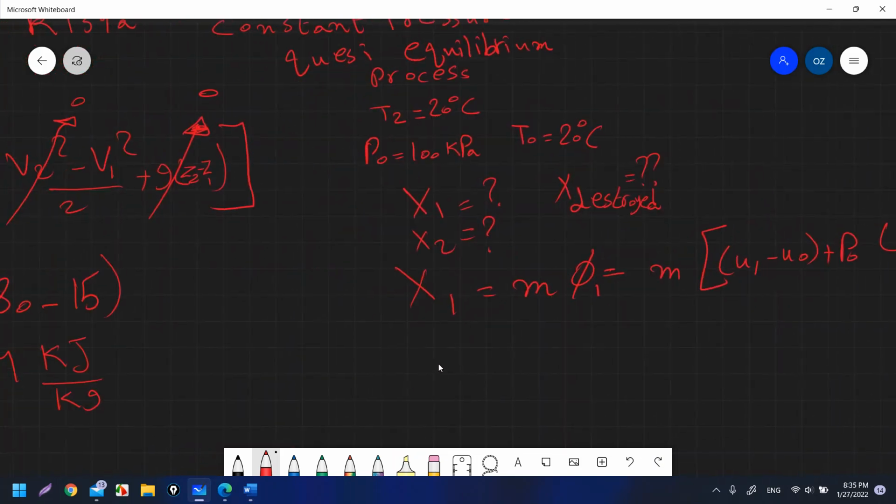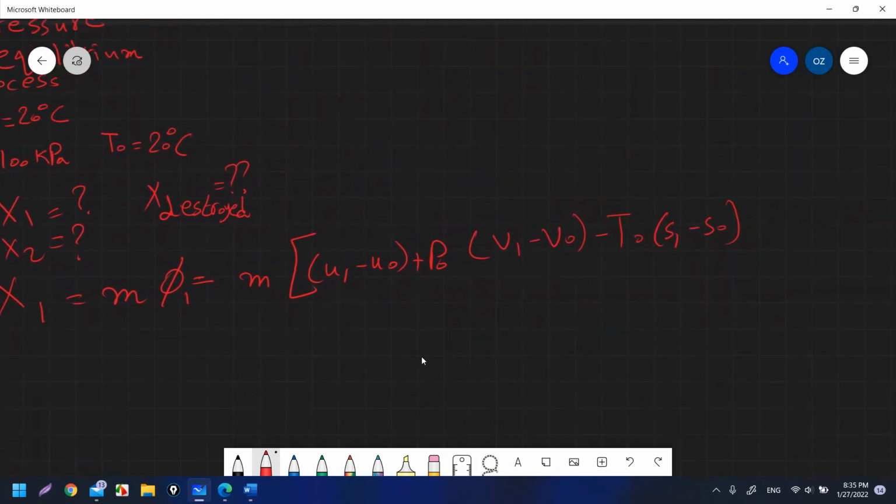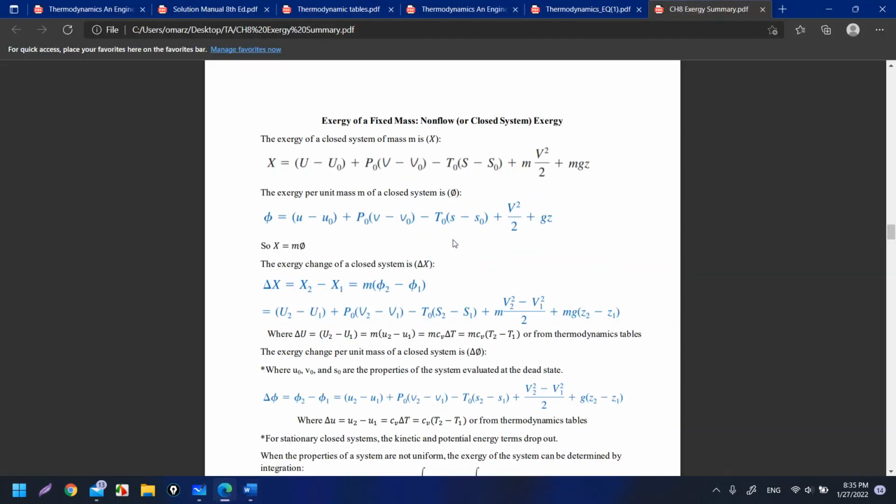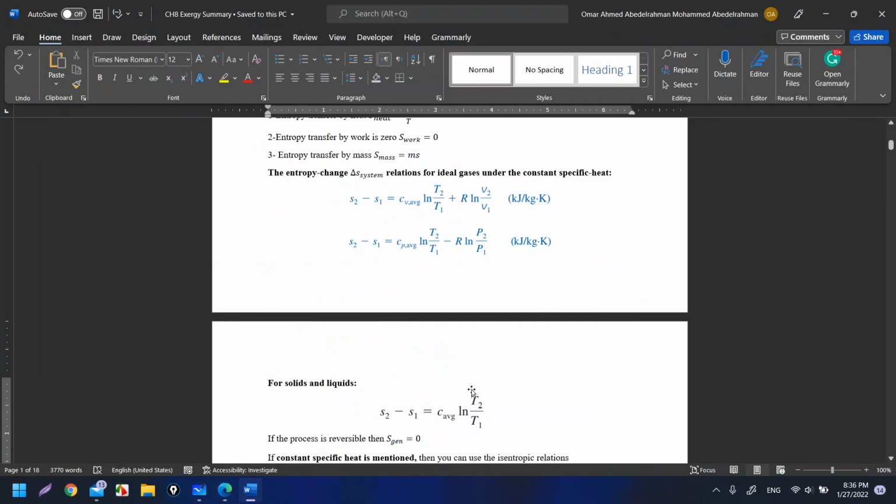Nothing mentioned about velocity or elevation. There is no kinetic energy, potential energy. So the V squared over 2 and gz terms, we will cancel. The remaining terms are the difference in specific internal energy, P naught times V minus V naught, and T naught times S minus S naught.